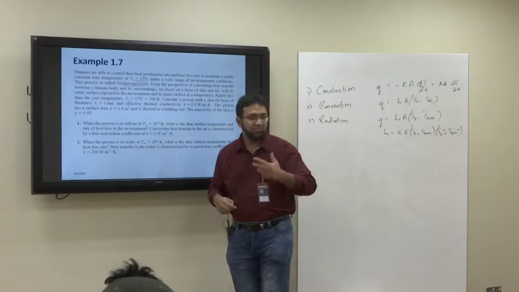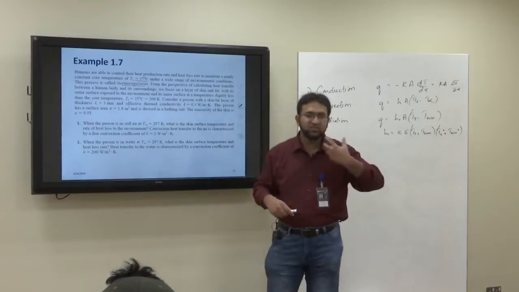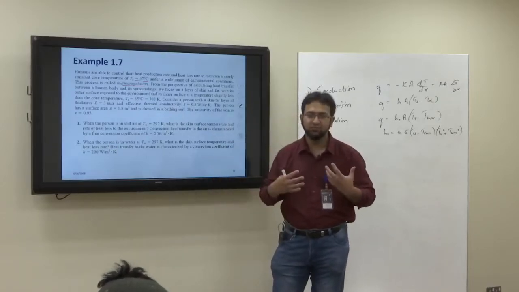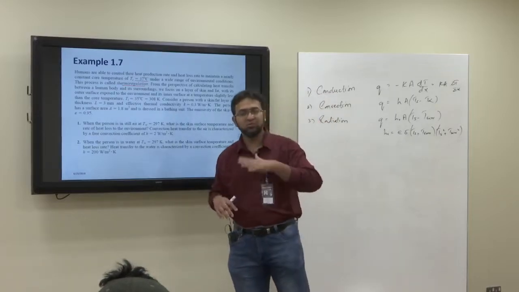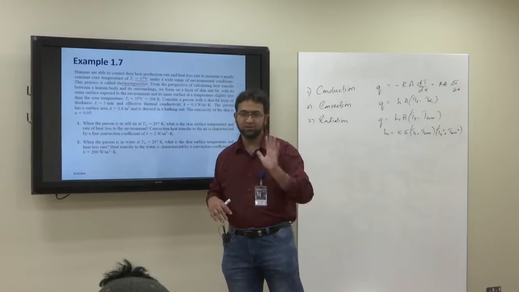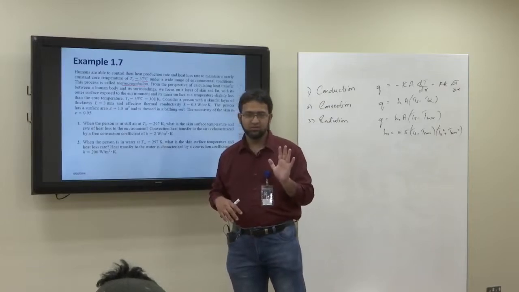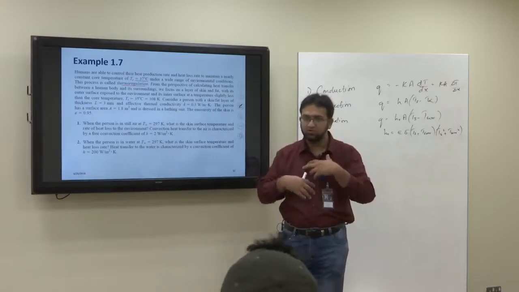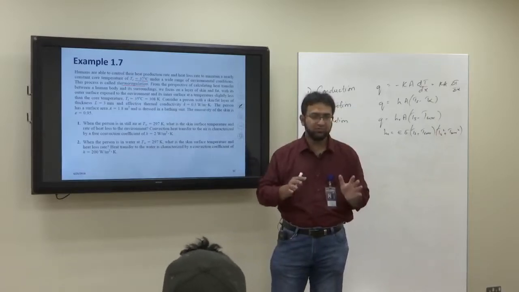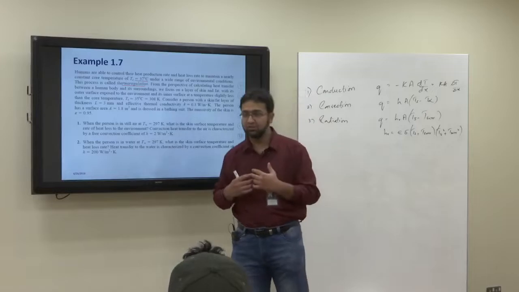Constantly heat is generated within the body, and the amount of heat generation is such that the core is maintained at the required temperature. The core temperature is very important.